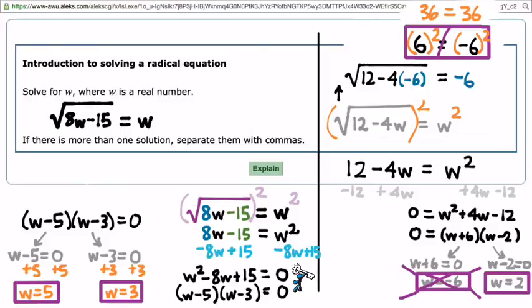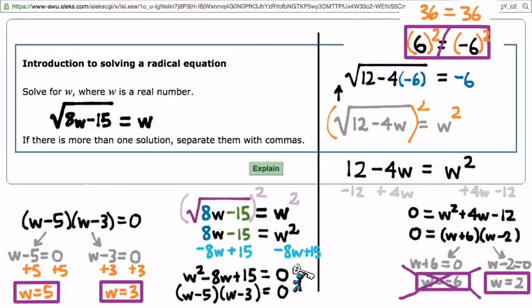Unlike the other operations that we've used in this course to solve equations up to this point, squaring both sides, or squaring in general, is an operation that mathematicians call not one-to-one. Or if you really want to be fancy, we call it not an injective operation. You don't need to use those words.